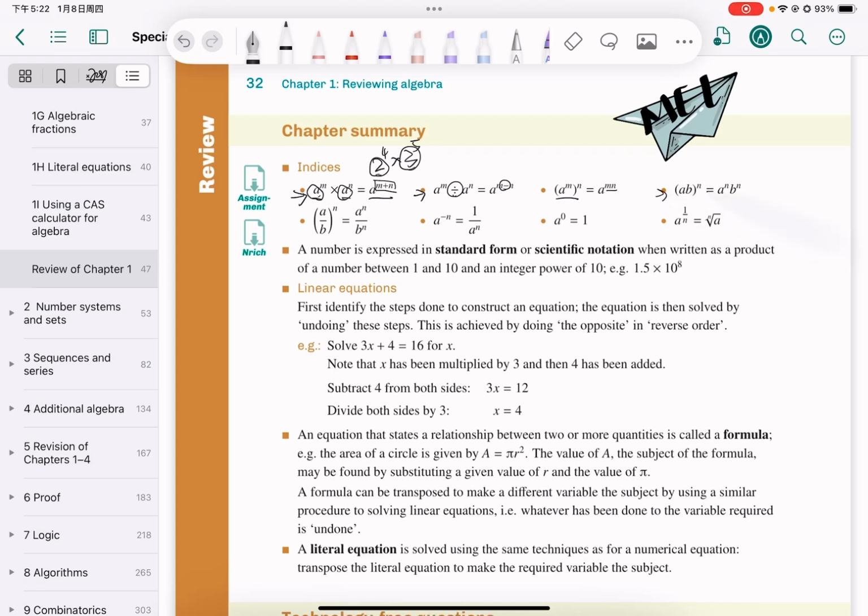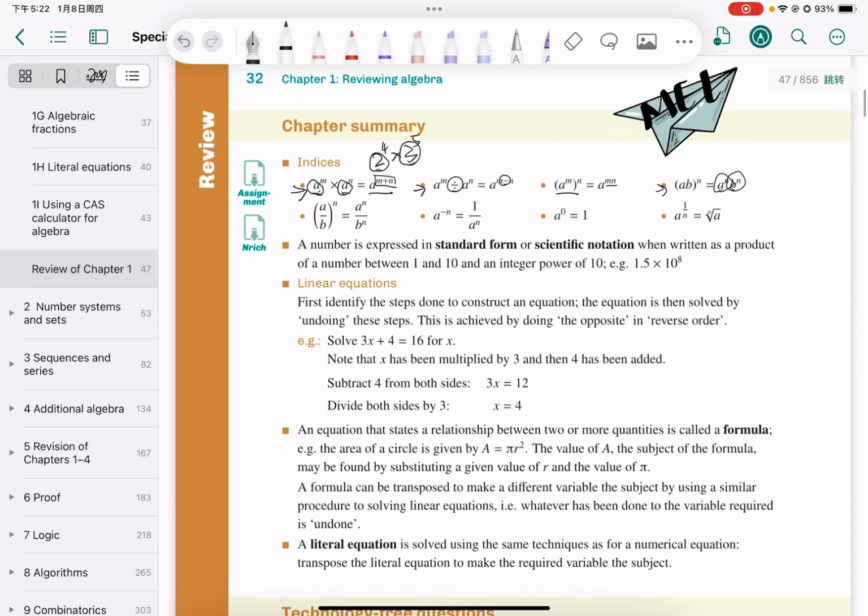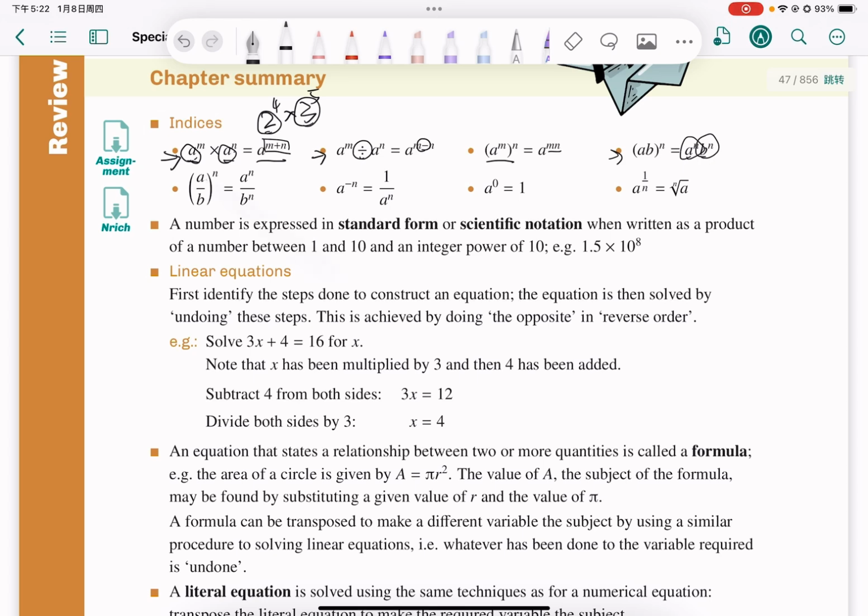Okay? Then what about this one? So a times b as a whole to the power of n. So that equals a to the power of n times b to the power of n. Okay, and instead of a times b, we have a divided by b.